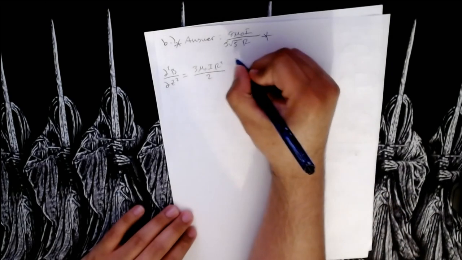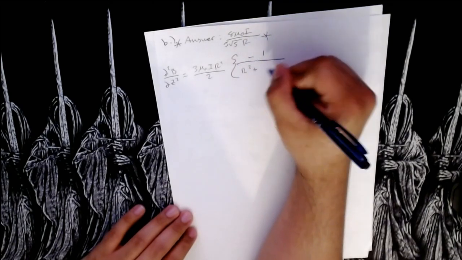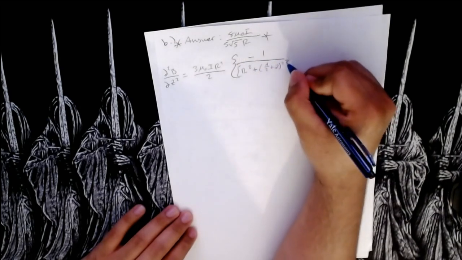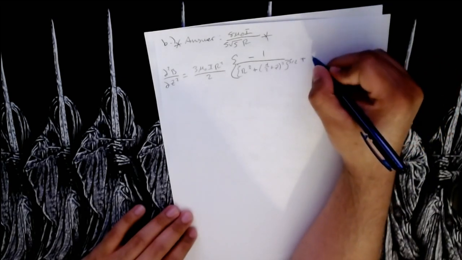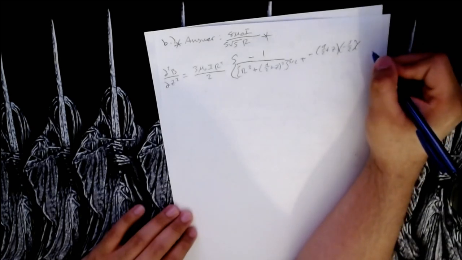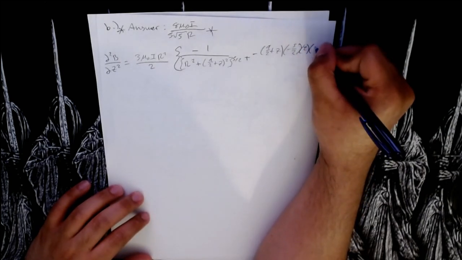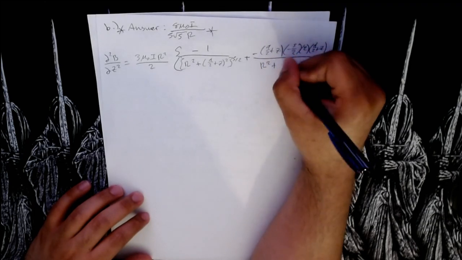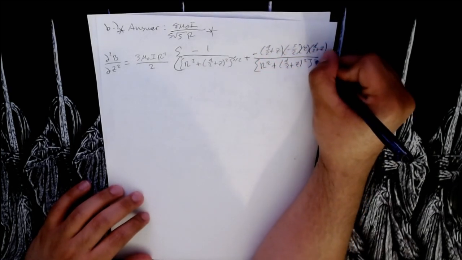We're going to have negative 1 over (r squared plus (d/2 plus z) squared) to the power of 5/2, plus negative 5/2 times (d/2 plus z) times 2 times (d/2 plus z) over (r squared plus (d/2 plus z) squared) to the power of 7/2.